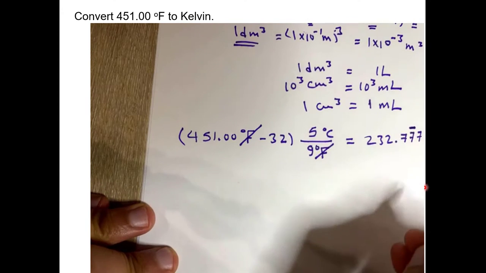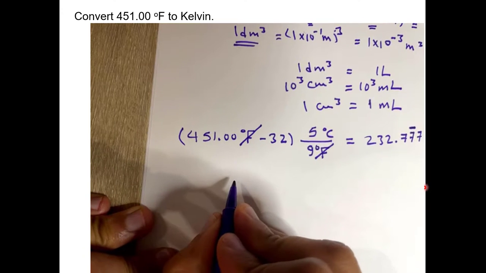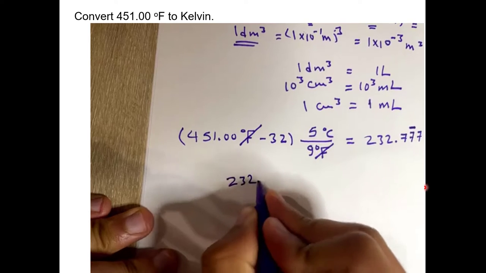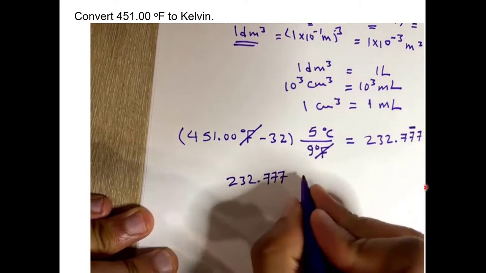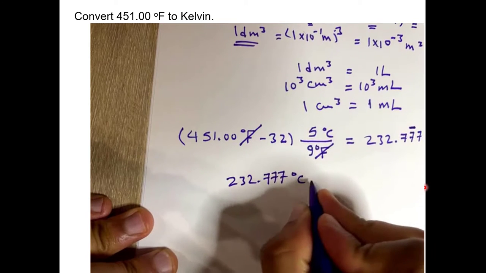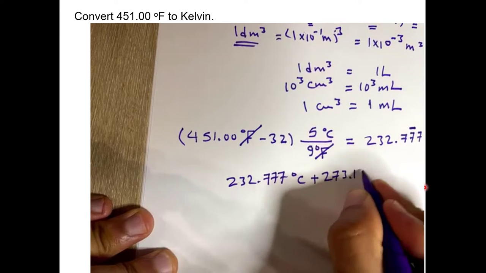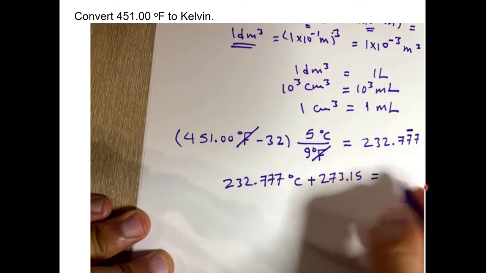So the second step is converting that number from Celsius to Kelvin. So you will take 232.777 degrees Celsius, and then you add 273.15 to get the corresponding number in Kelvin.